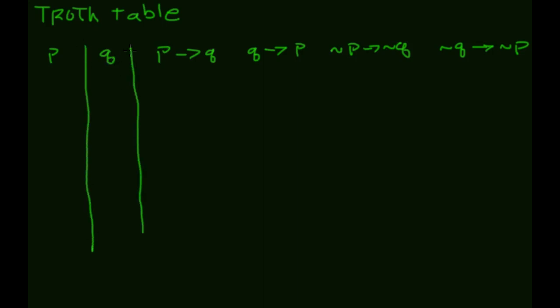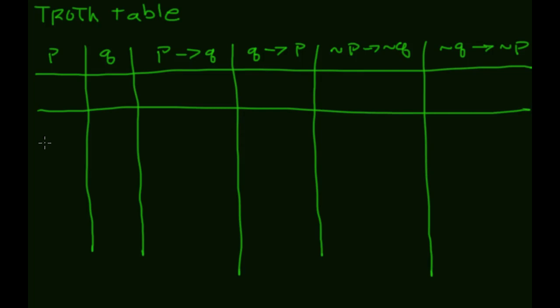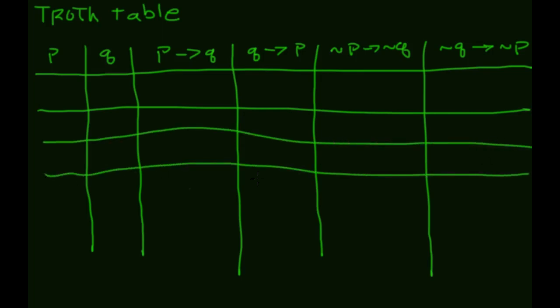Okay, so what we do is we build these columns, right? And then we figure out what are the possible values for P and Q. There are four possible values here.